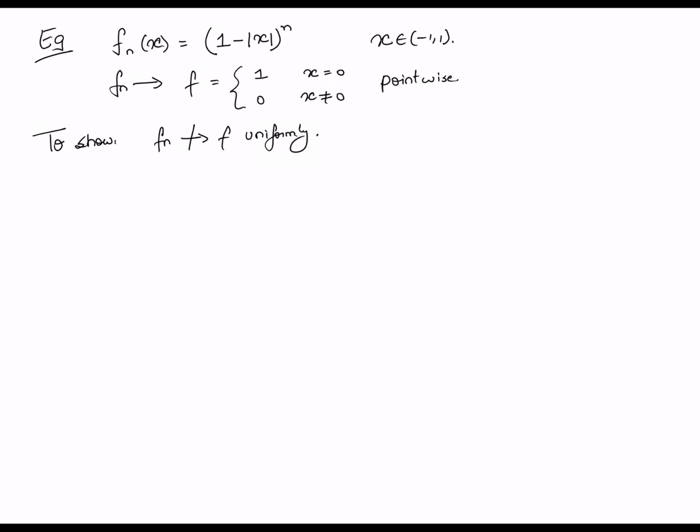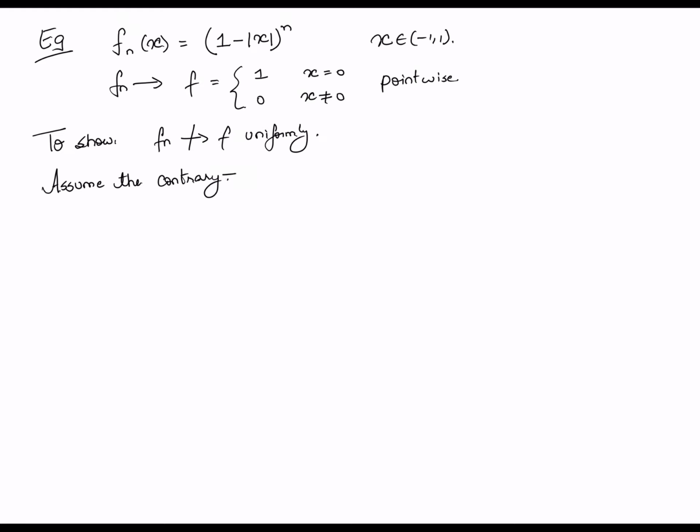How do we do this? We will prove this by contradiction. So assume the contrary. That is, assume that you do have fn converging to f uniformly.